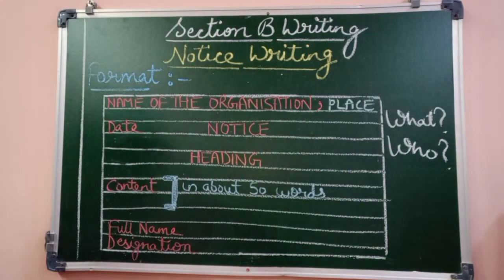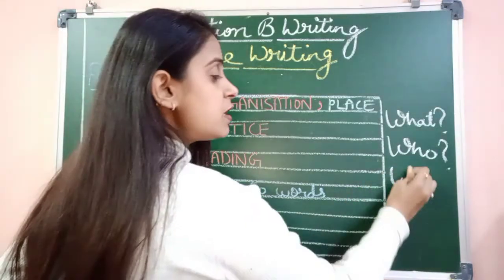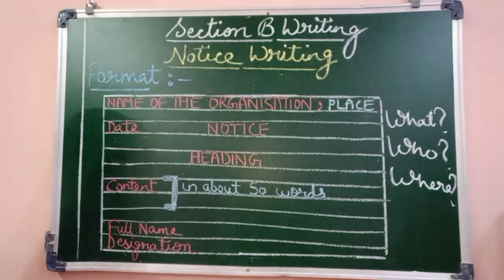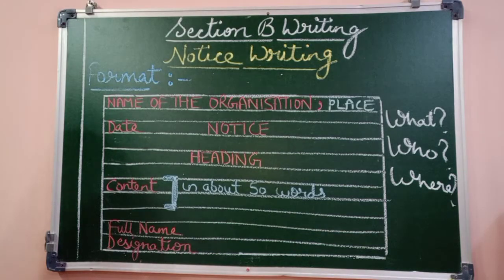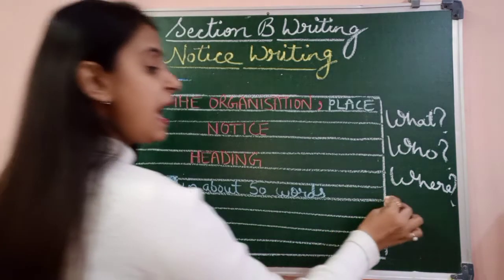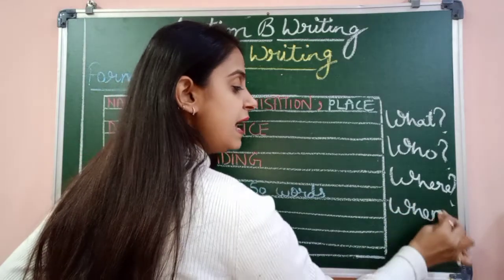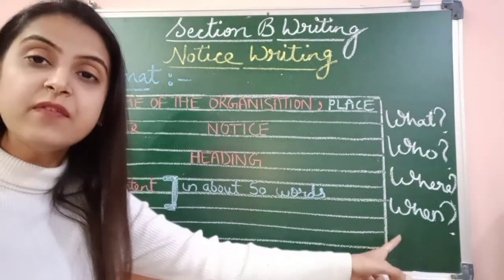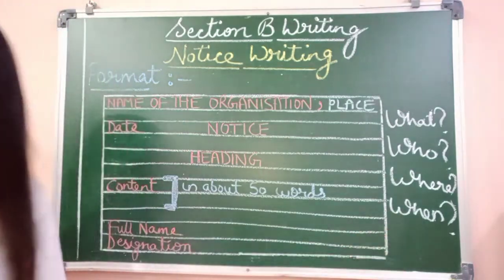Then you need to mention where the event or the competition has to be held, and when it has to be held. The date is very, very important, and also the time.